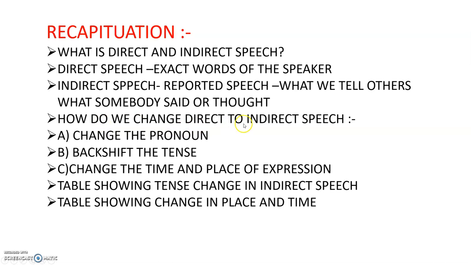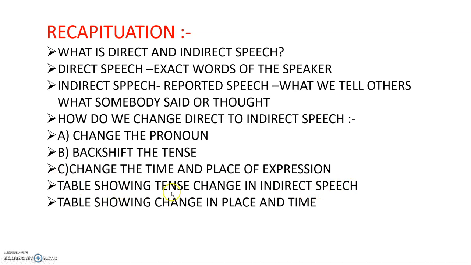How do we change direct to indirect speech? We've seen three simple rules: change the pronoun, backshift the tense, and change the time and place of expression. Okay, very important. And we even saw, children, the table showing tense change in indirect speech.